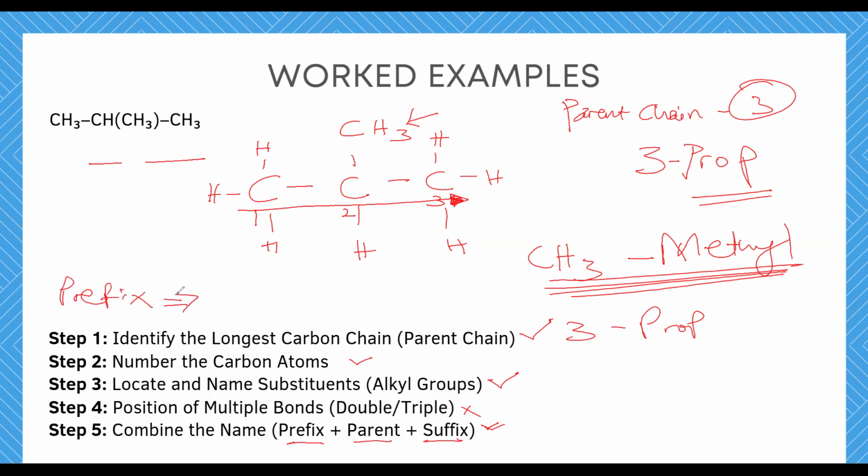How do we get the prefix? We put the number where the substituent is attached to. What do I mean? This is the branch over here, or the substituent, right? What number is it on? Look at our numbering. We have 1, 2, 3. So what carbon atom is it on?